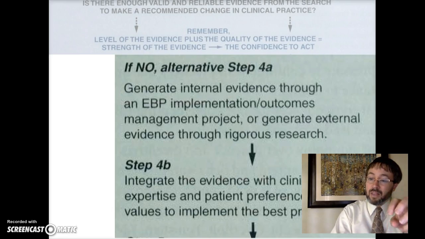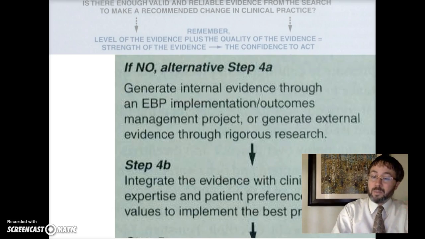So you can generate the evidence internally, or you could generate it externally through research. And then once you have that, again, you're going to be implementing and integrating the evidence with the clinical context, the patient preferences and values, clinician expertise, and the culture of your unit or your organization.